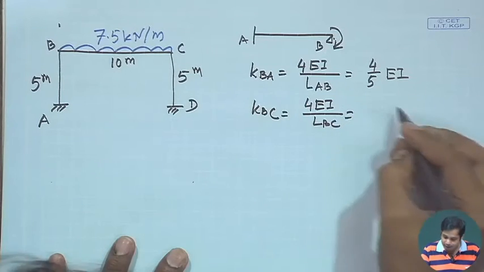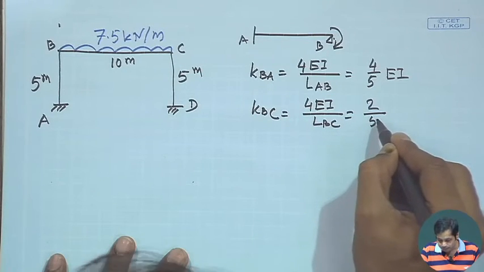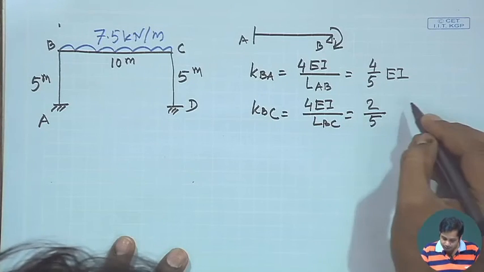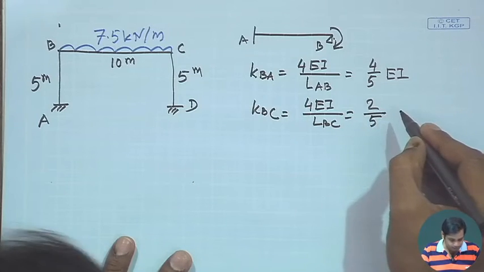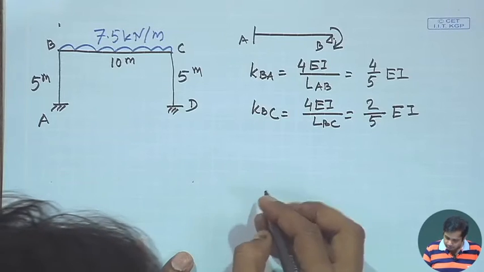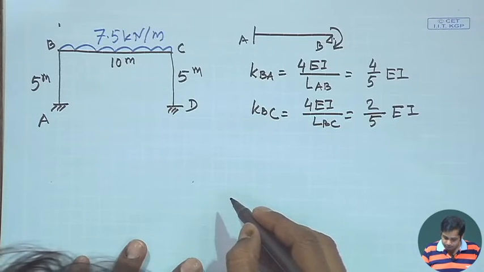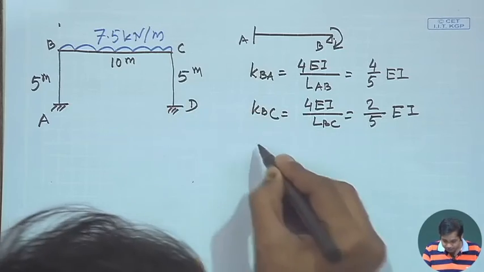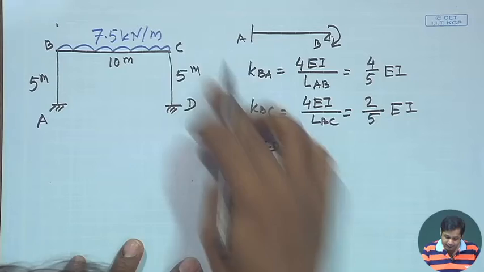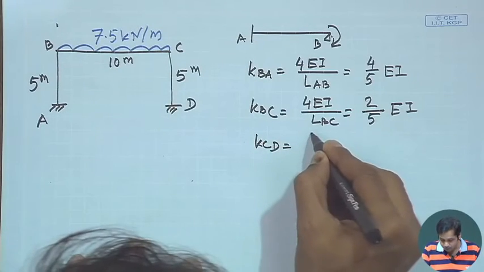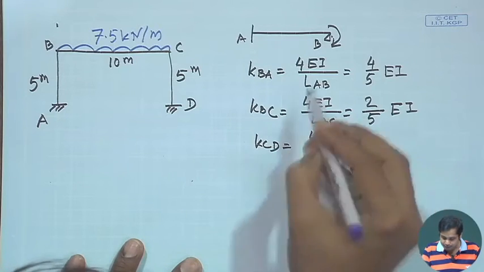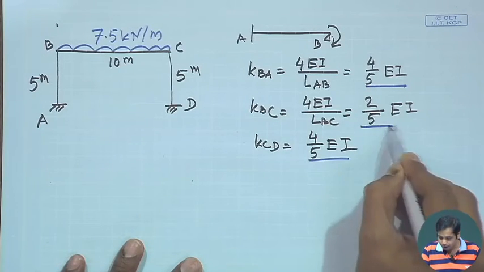Length of BC is 10, so this becomes 2/5 EI. For member CD, KCD is the same as KBA, so KCD is also 4/5 EI. These are the absolute stiffnesses for the different members.